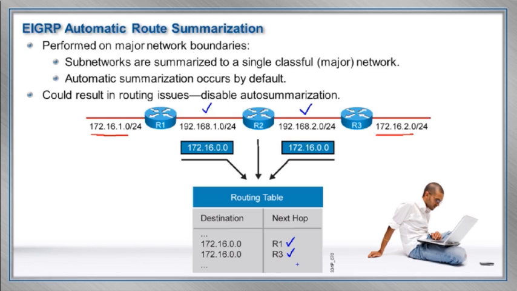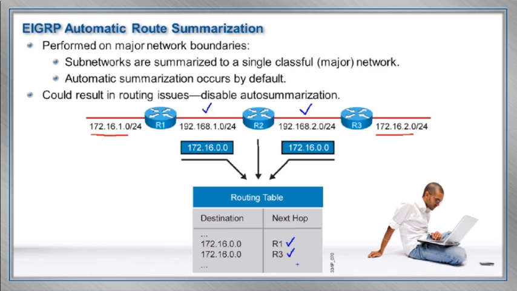It is going to send half of the packets in the wrong direction. This would be a nightmare for efficiency in our operation, and this is one of the reasons why we avoid this possibility altogether. We are going to make sure that we disable the automatic summarization.